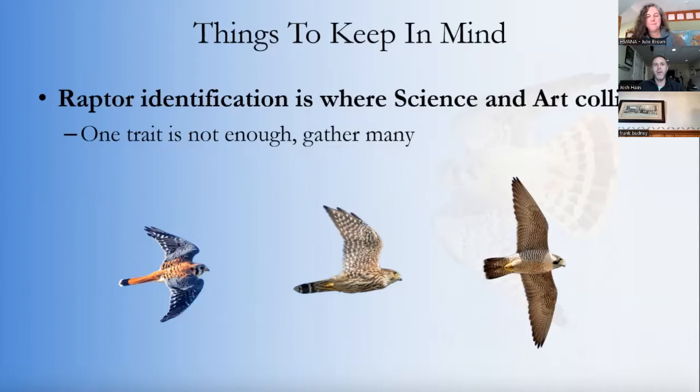And so don't be afraid to use behavioral traits as part of the identification process. What's especially important in this identification process is forcing yourself to get away from field mark ID.